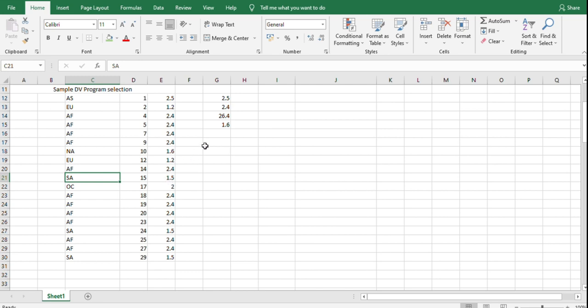So 3 times 1.5, we get 4.5. What other region is remaining? We have Oceania. For Oceania, we only have 1, which has a possibility of having a derivative of 2.